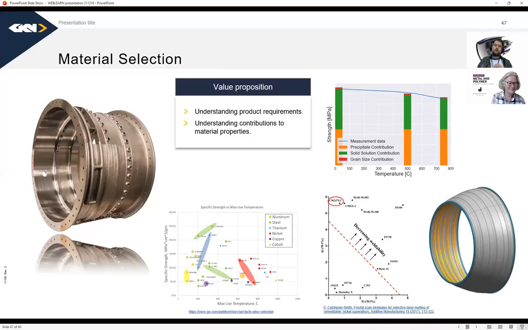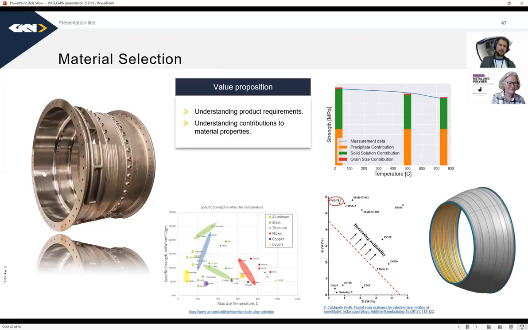What really do we look at when we do this? Strength is one of the key things that is important, and crackability or lack of crackability is also an important aspect. And then when we talk about cracks, we can have different types of cracks that come up in different areas during production.